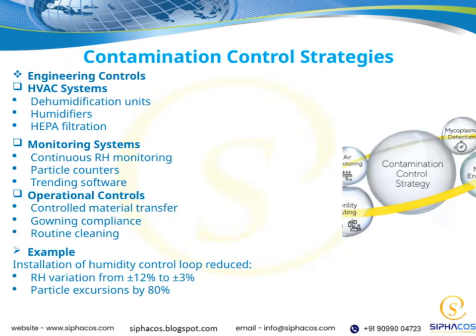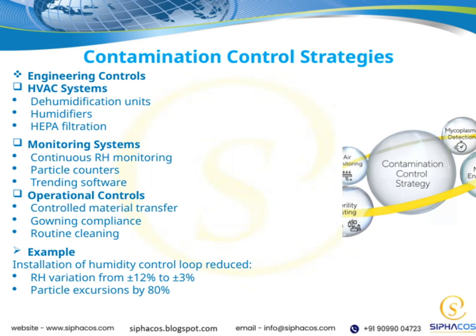Let's talk about contamination control strategies, the backbone of maintaining a clean and safe environment. First, engineering controls like HVAC systems, dehumidifiers, humidifiers, and HEPA filters work behind the scenes to manage air quality and moisture. Then, monitoring systems keep a constant eye on conditions, tracking humidity and particles in real time, often with trending software to spot patterns.